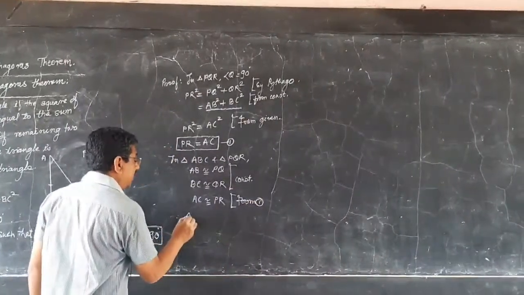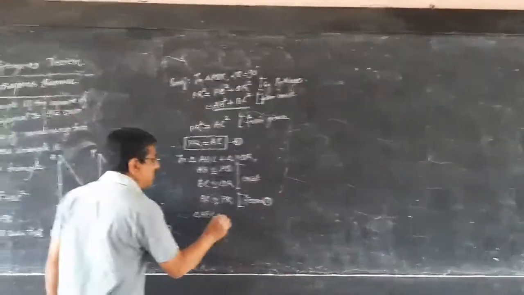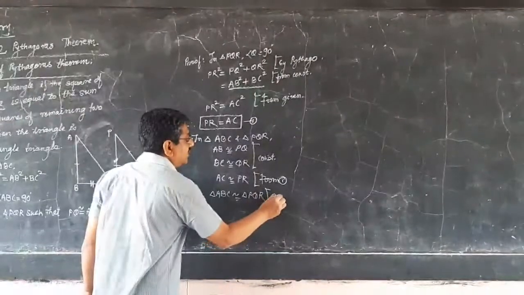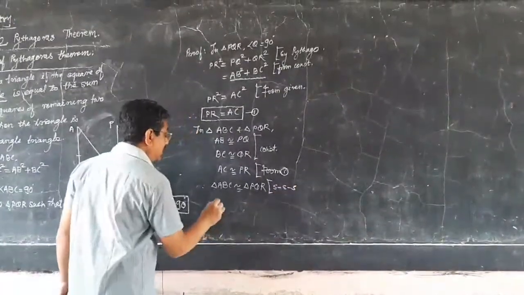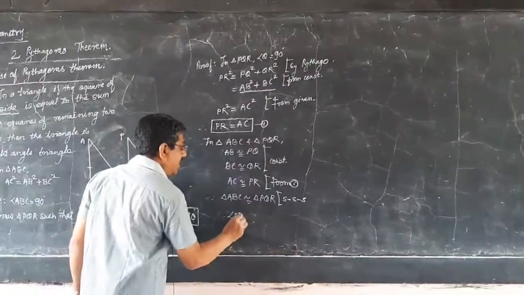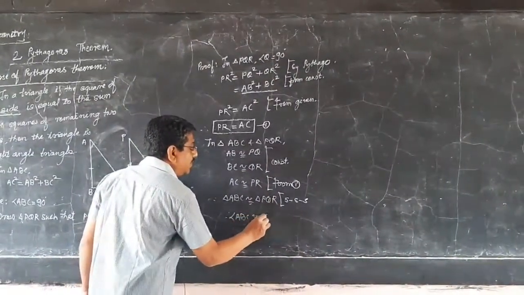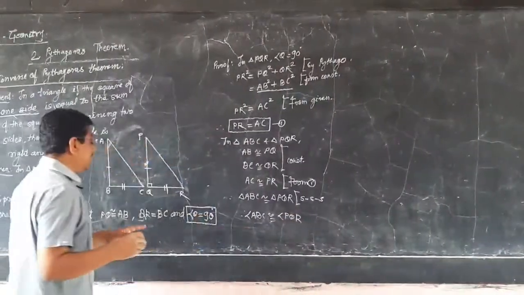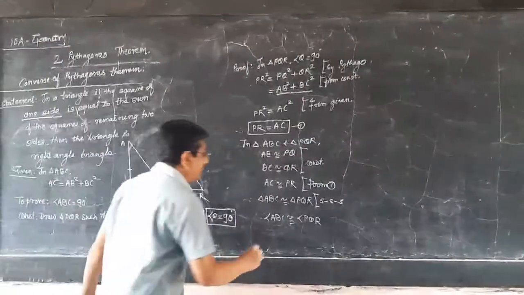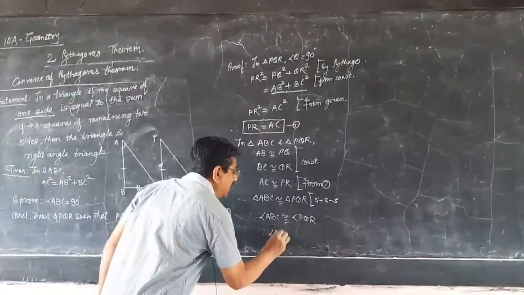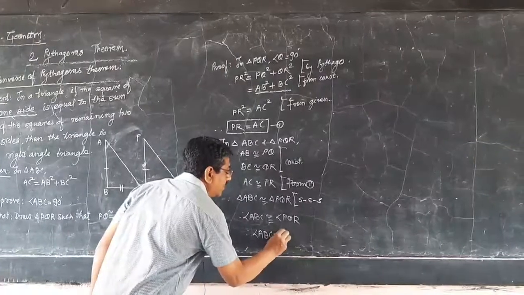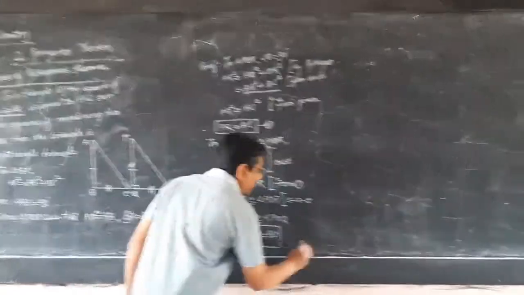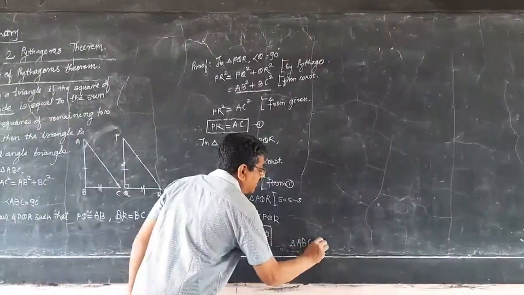Therefore, triangle ABC is congruent to triangle PQR by SSS test. Therefore, angle ABC is congruent to angle PQR. Now angle Q is 90. Therefore, angle ABC is equal to 90. Therefore, triangle ABC is a right angle triangle.